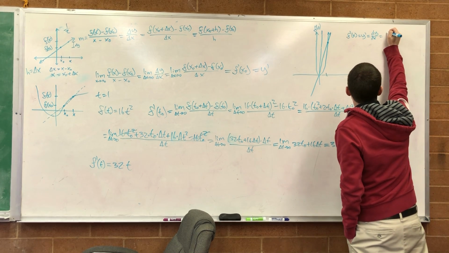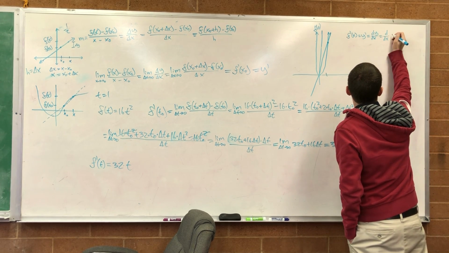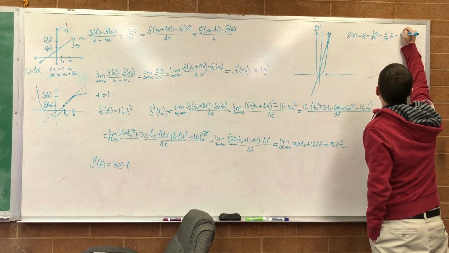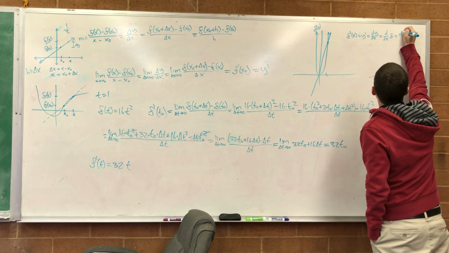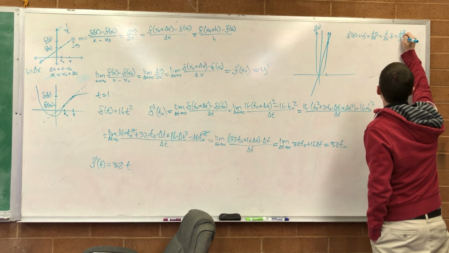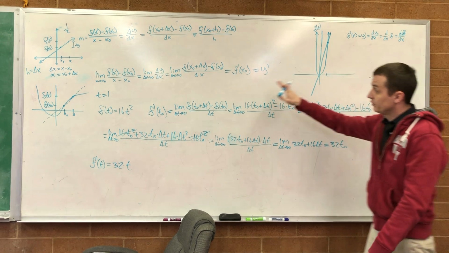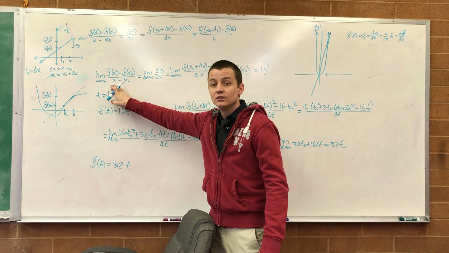You might see it as the derivative with respect to x of f, or you might see it as the derivative of f with respect to x. Okay. Bunch of different notation, all saying the same thing. All these are different ways of saying any of these.